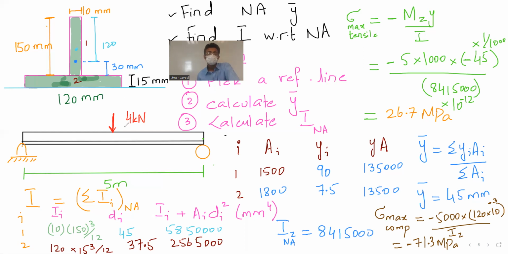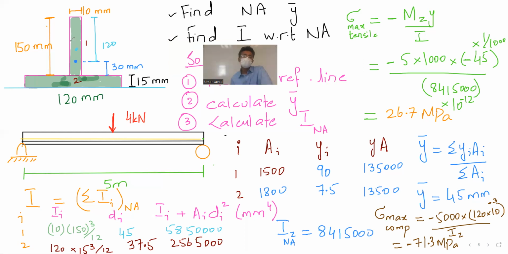So your centroid is here. How do I figure? You can see this blue color, it is sitting 30 millimeters from here. That's why I created this yellow line 30 millimeters from this. So this yellow fiber will have zero bending stress.